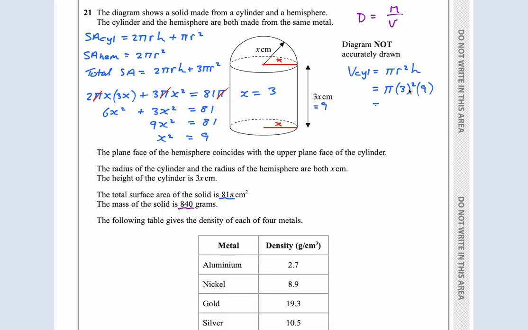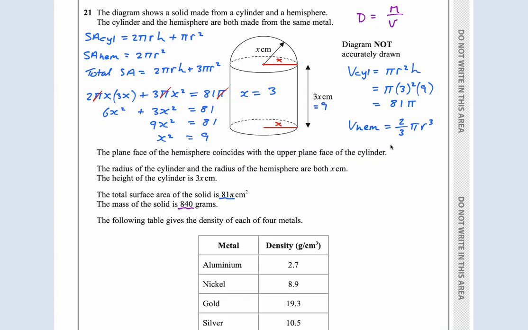And that gives me 3 squared is 9, 9 times 9 is 81, so that's 81 pi. And the volume of the hemisphere is equal to, the volume of a sphere, guys, is 4 over 3 pi r cubed in the formula sheet. Half of that is 2 over 3 pi r cubed, because it's a hemisphere.